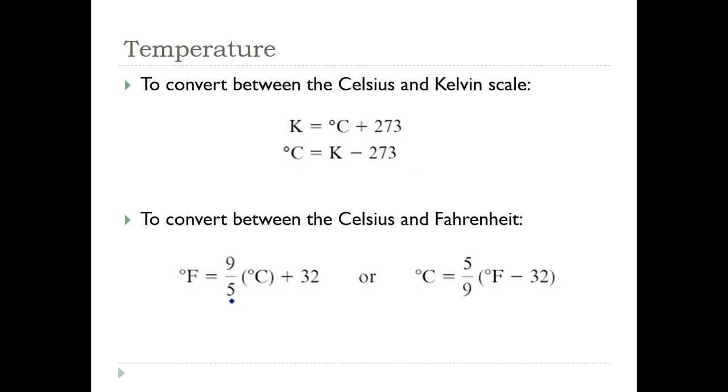To convert between Celsius and Kelvin, Kelvin is equal to the degree Celsius temperature plus 273. Or if we want the Celsius temperature, it's the Kelvin temperature minus 273. And then here's the formula for converting from Celsius to Fahrenheit and from Fahrenheit to Celsius.